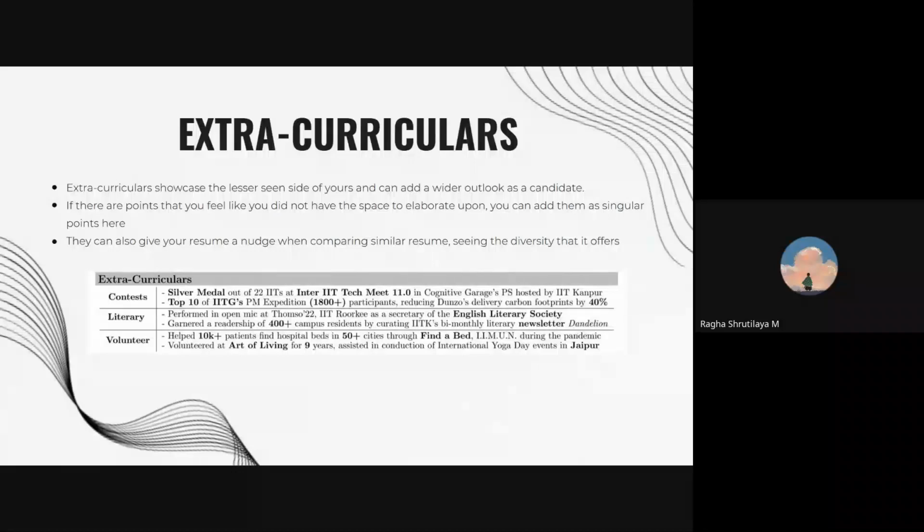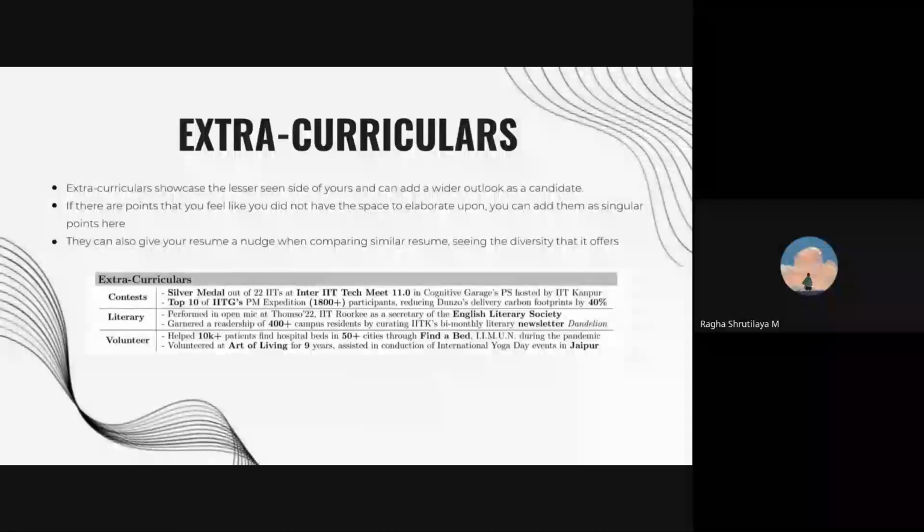Coming to extracurriculars, again this is important for consulting and techno-managerial roles. This separates you from the rest, because everything above would be more or less similar for everyone. So make sure you bring your true self out in the extracurriculars.